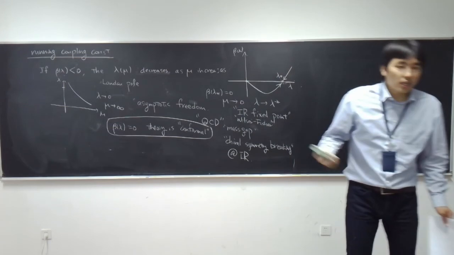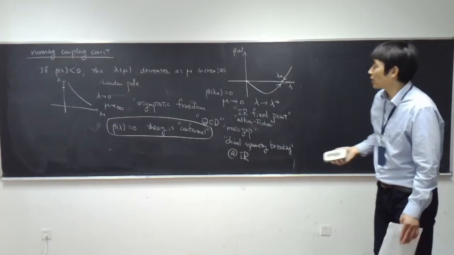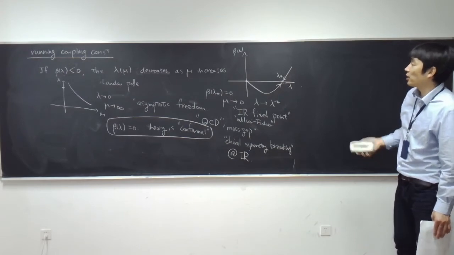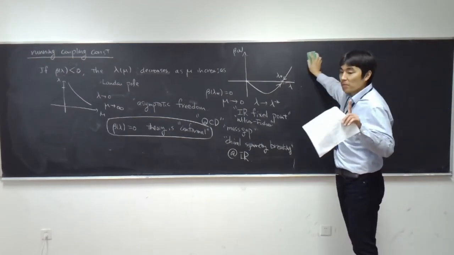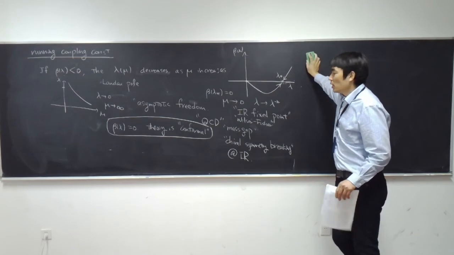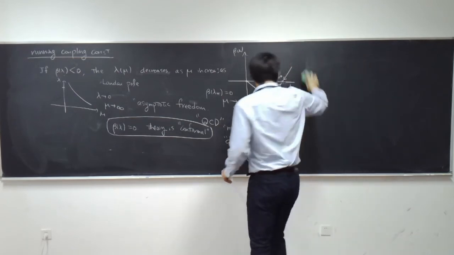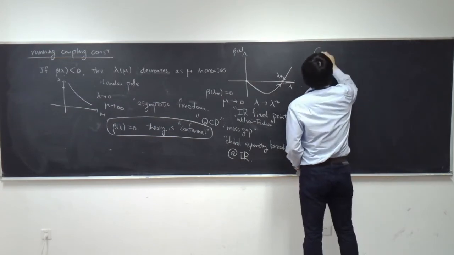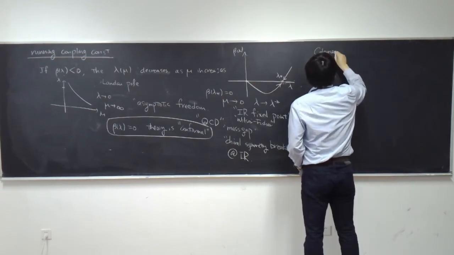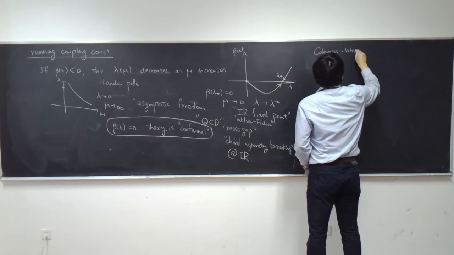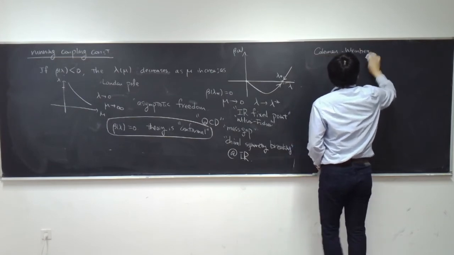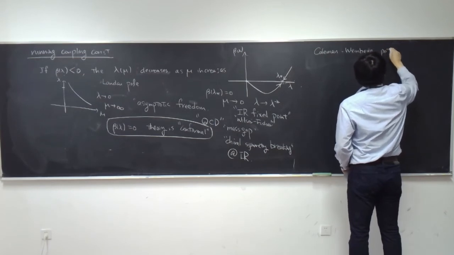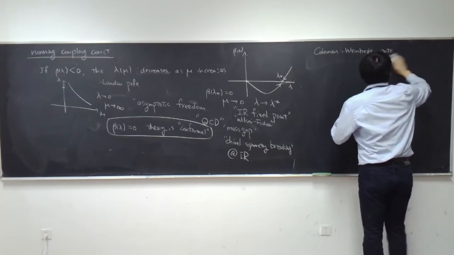But I'm not going to go into the detail of chapter 13. Instead, I missed one important topic, which is called the Coleman-Weinberg potential, the effective potential.